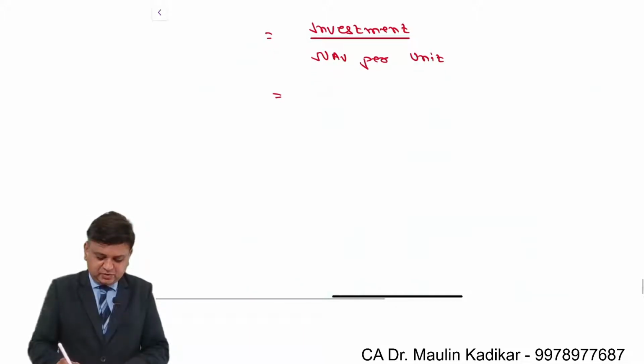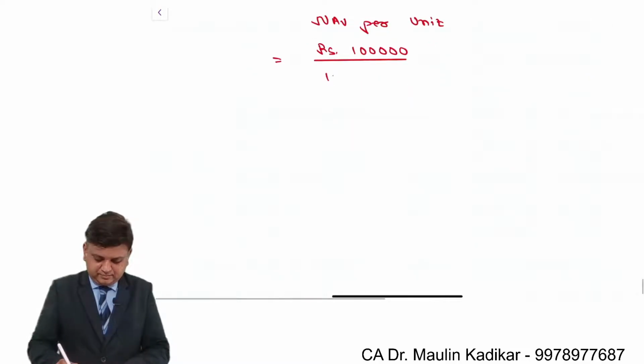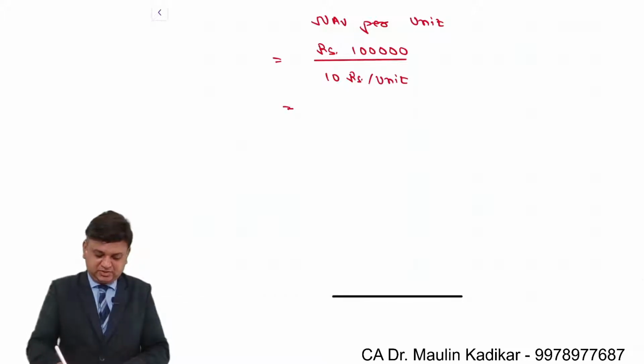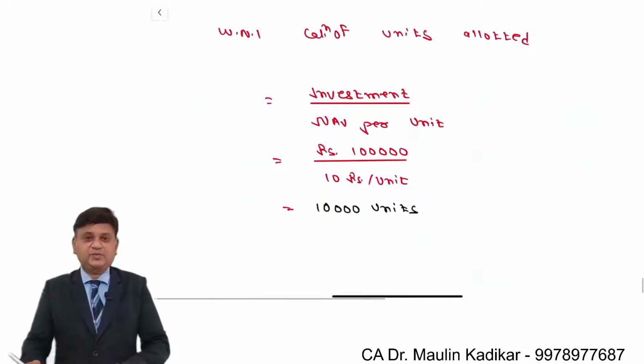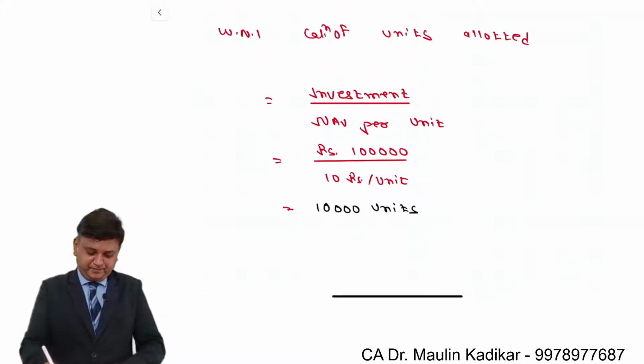The amount of investment is rupees 1 lakh. Net asset value per unit is 10. So the answer is 10,000 units. That is the way the first working note is supposed to be prepared.